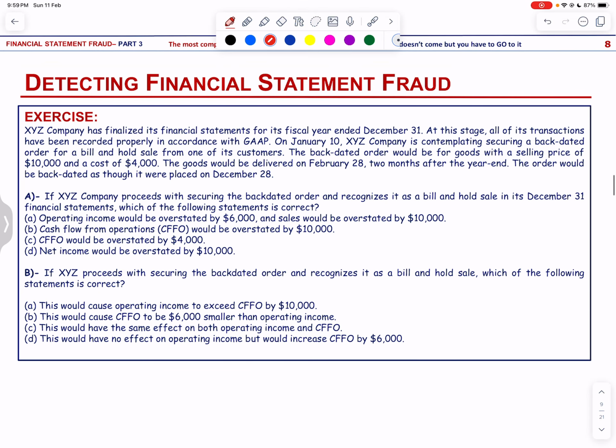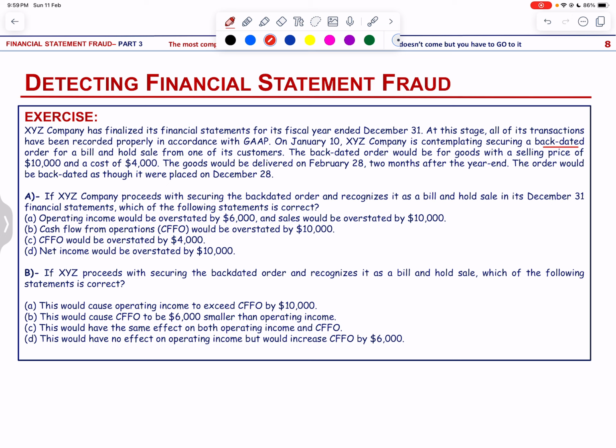Now, XYZ has finalized its financial statements for its fiscal year ended December 31st. At this stage, all of its transactions have been recorded properly in accordance with GAAP. On January 10, XYZ Company is contemplating securing a backdated order for a bill and hold sale from one of its customers.